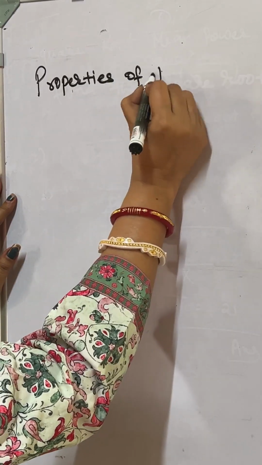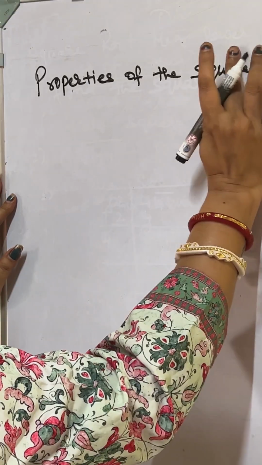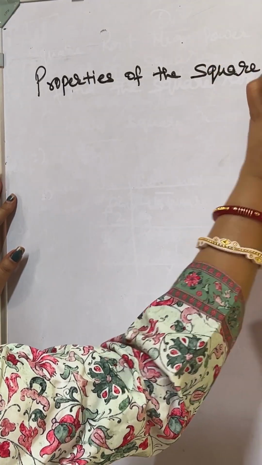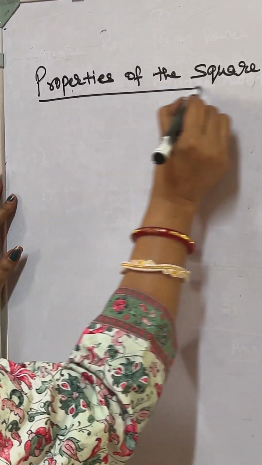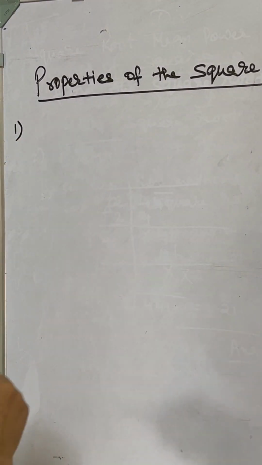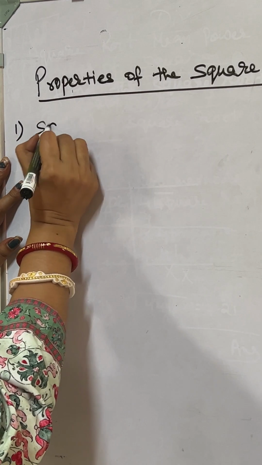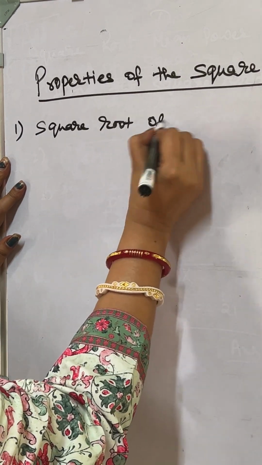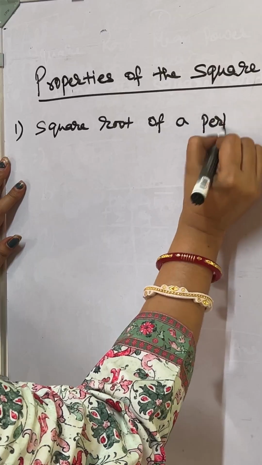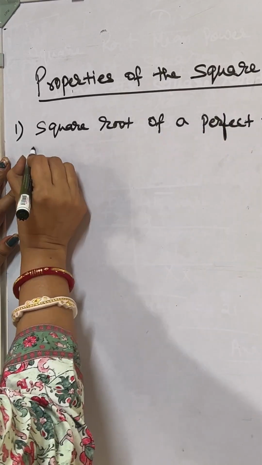The first property of the square root is: the square root of a perfect square is a whole number.